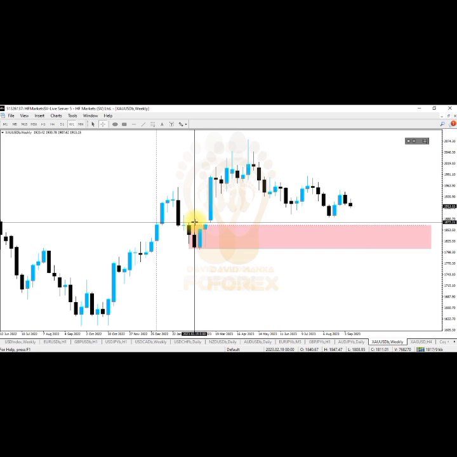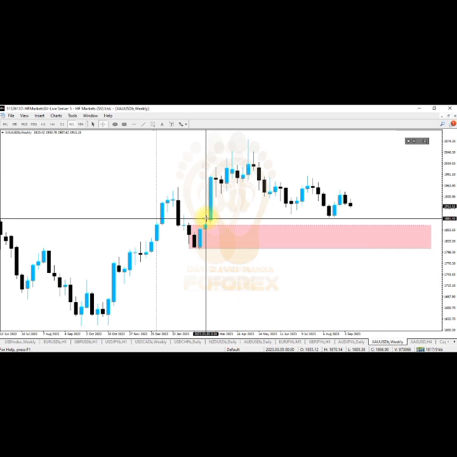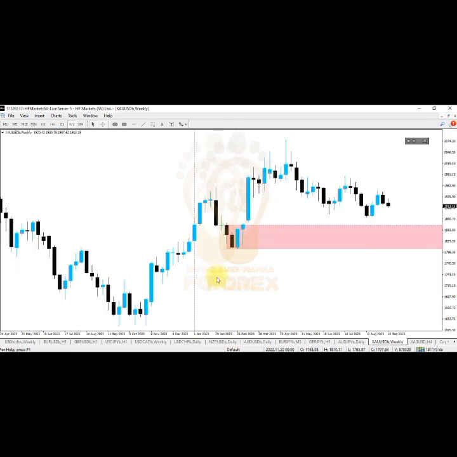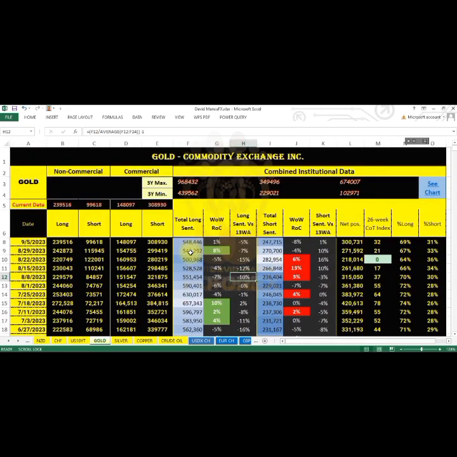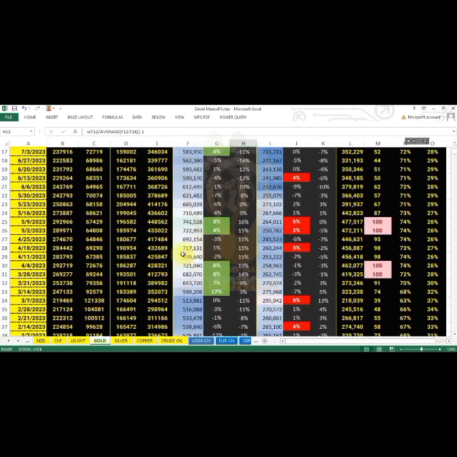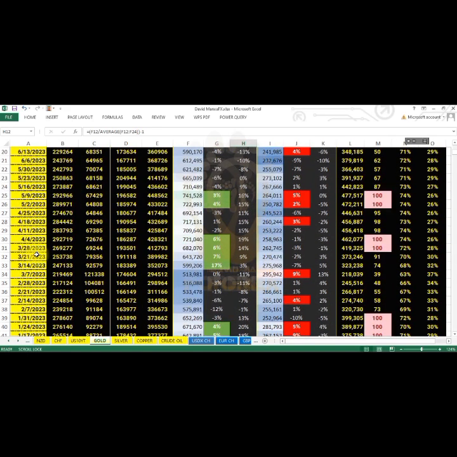So from February into the beginning of March, we saw all of this taking place. So let's see gold right here. This is our data for gold, and we were looking for the period of March.